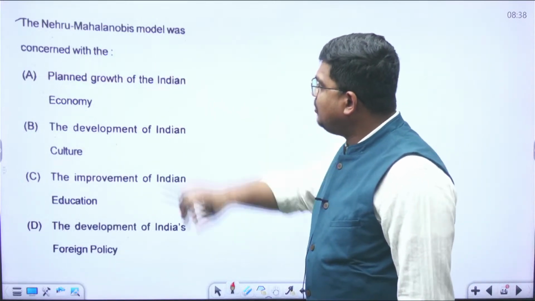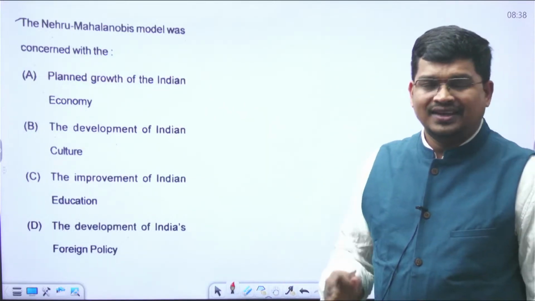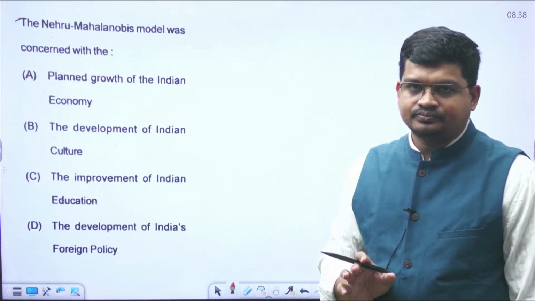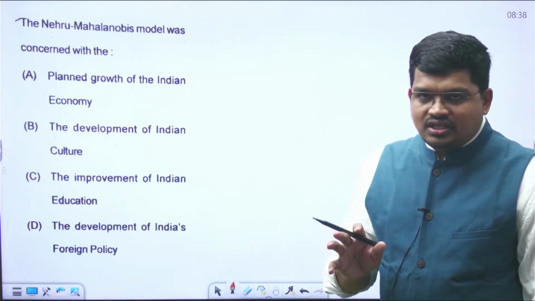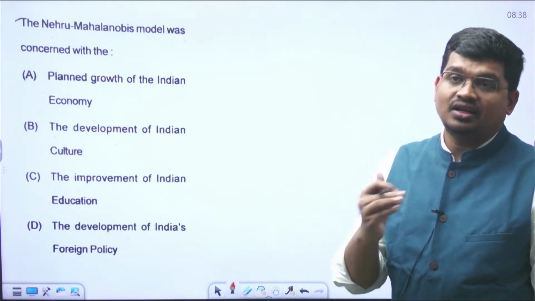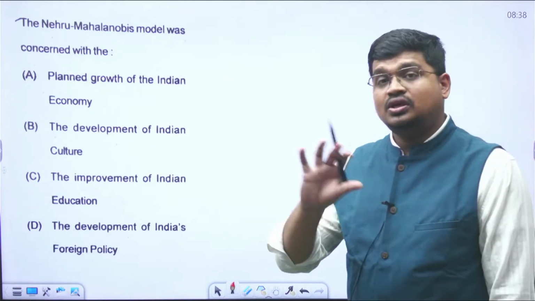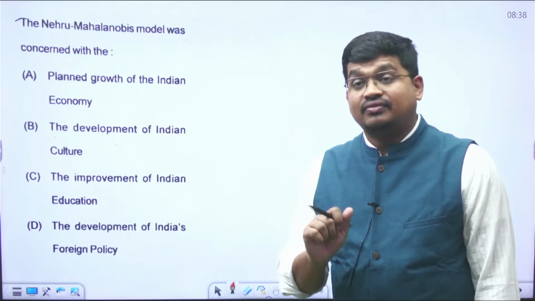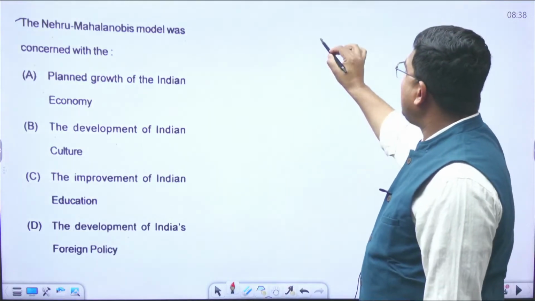Next is the Nehru-Mahalanobis model. Yesterday we discussed planning. The first five-year plan which India adopted, from 1951 to 56, was based on the Harrod-Domar model.